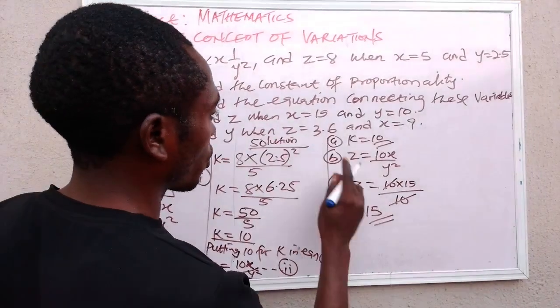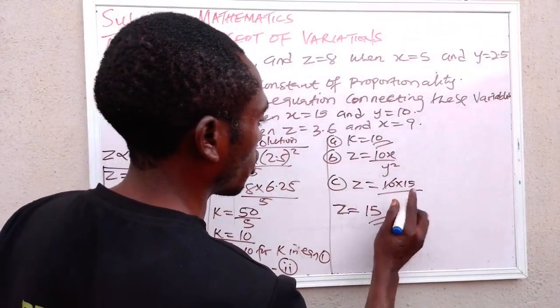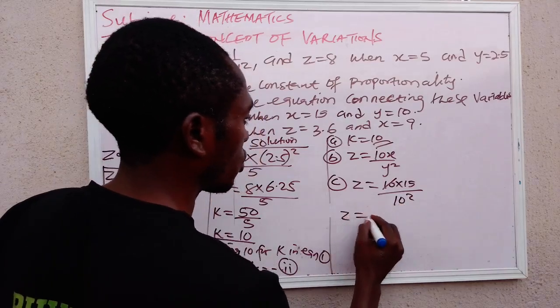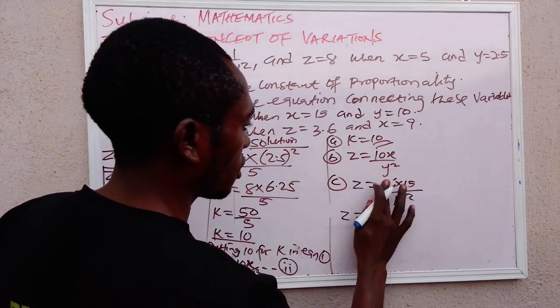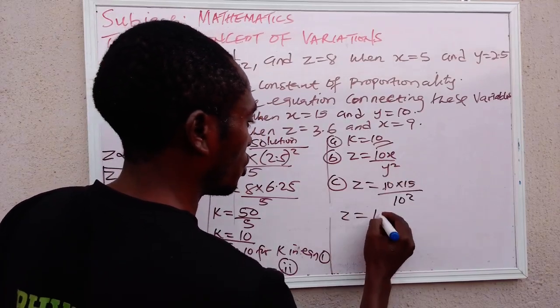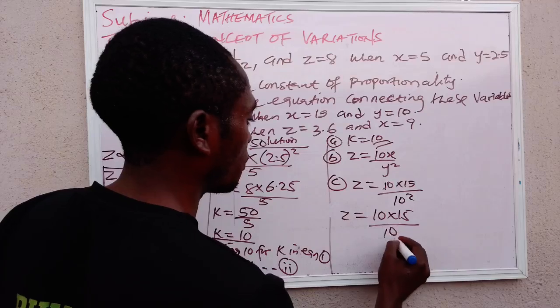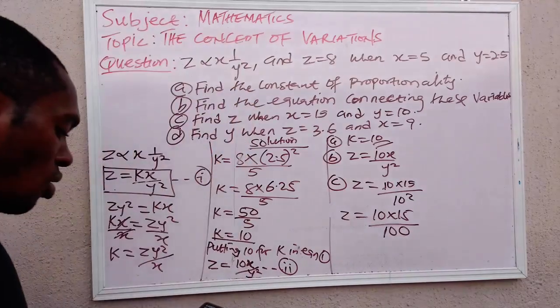So don't forget, sorry, this is squared, sorry, this is 10 squared. So what we have is z is equal, there's a square here, so we have 10 times 15 over 10 times 10, which will give us 100.